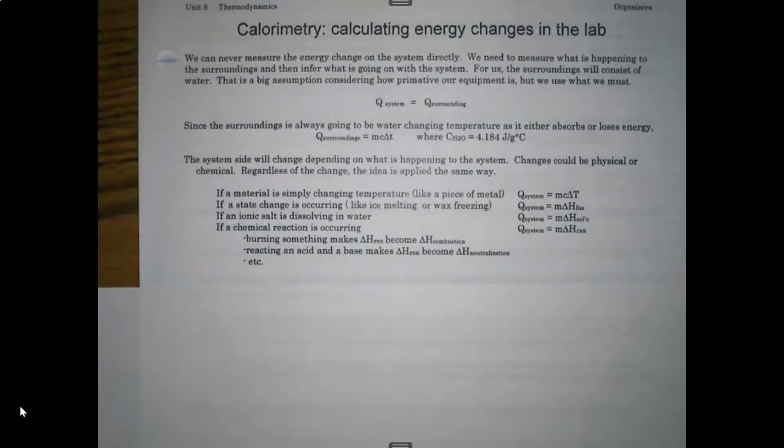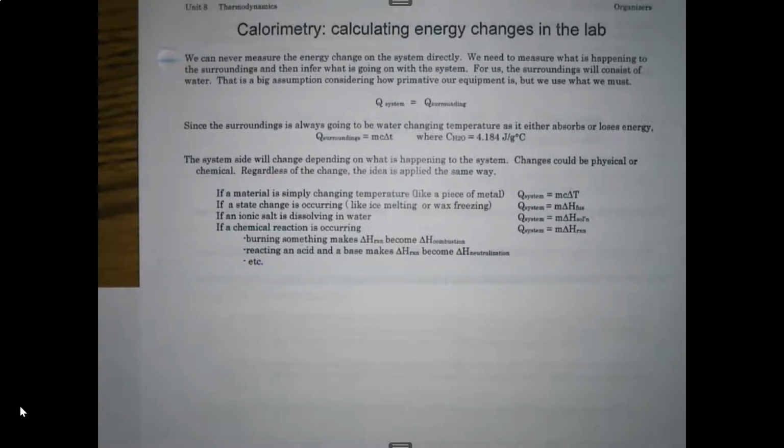If you're doing some sort of more complicated activity, like dissolving an ionic substance in water, you're still doing M delta H. We're still breaking IMFAs. Remember that the delta H is involved when you are breaking bonds. The C is involved when you're simply changing motion. So if an ionic salt is going to dissolve in water, we're breaking those ionic bonds. So again, we're back to delta H.